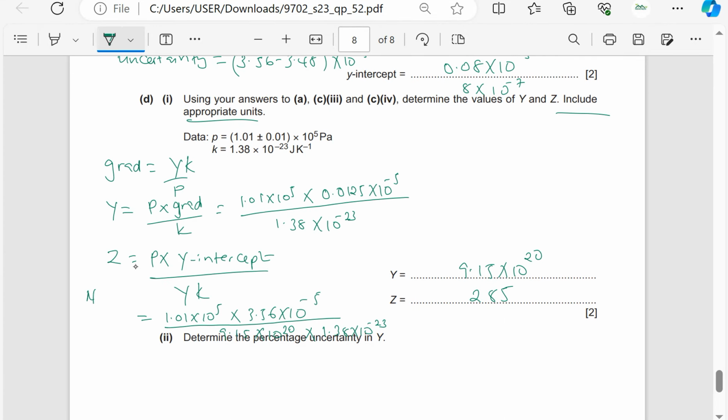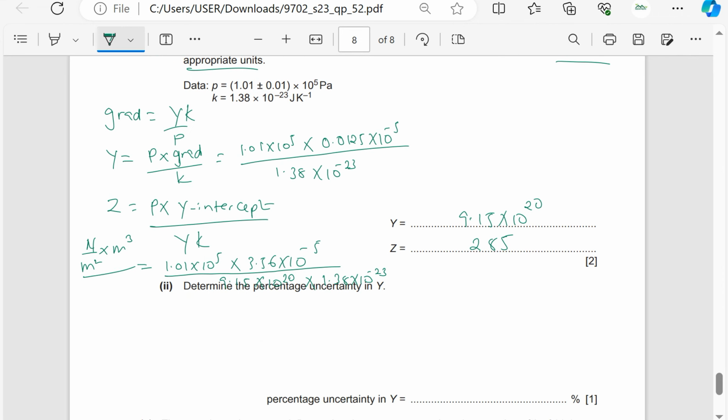Pascals is newtons divided by meters squared, then times meters cubed, divided by Y, then K is joules per Kelvin.